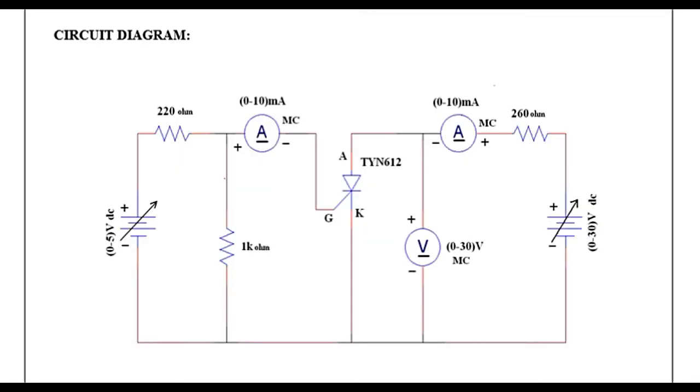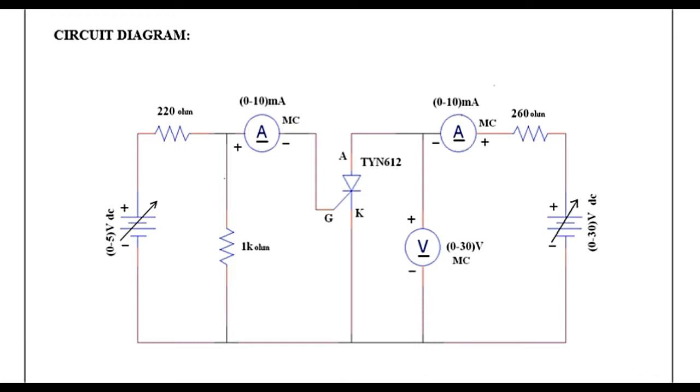This is the circuit diagram for this experiment. SCR has 3 terminals named as anode, cathode and gate. The gate current is supplied through a gate cathode variable DC power supply. Anode current is supplied through anode cathode variable DC power supply.